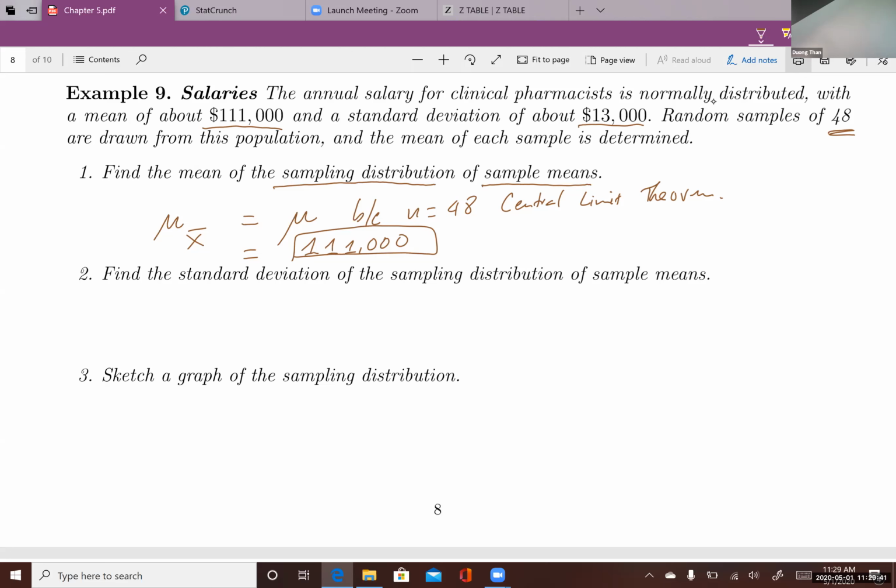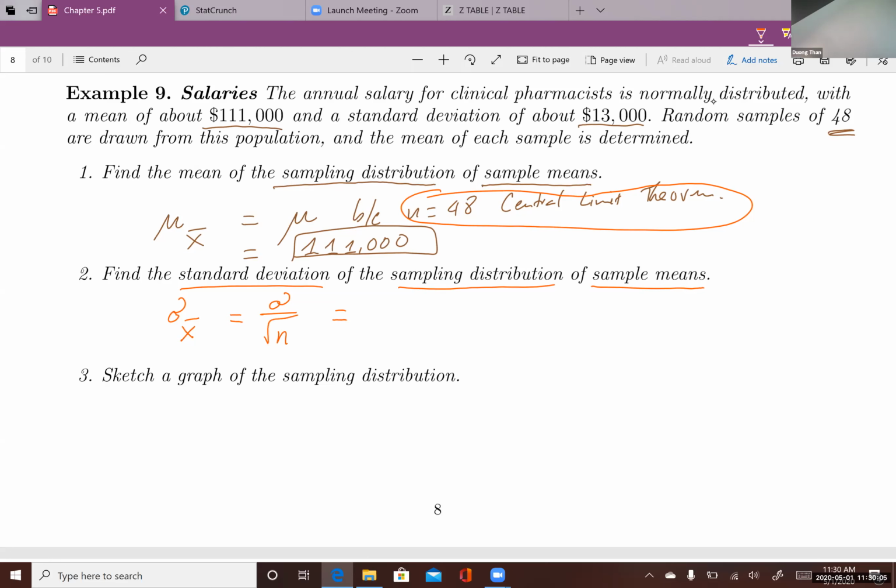And the next question is, find the standard deviation of the sampling distribution of the sample means. Again, because n is 48, you can use the central limit theorem. Then you know that the standard deviation of the sampling distribution of the sample mean equals the standard deviation of the population divided by the square root of n.